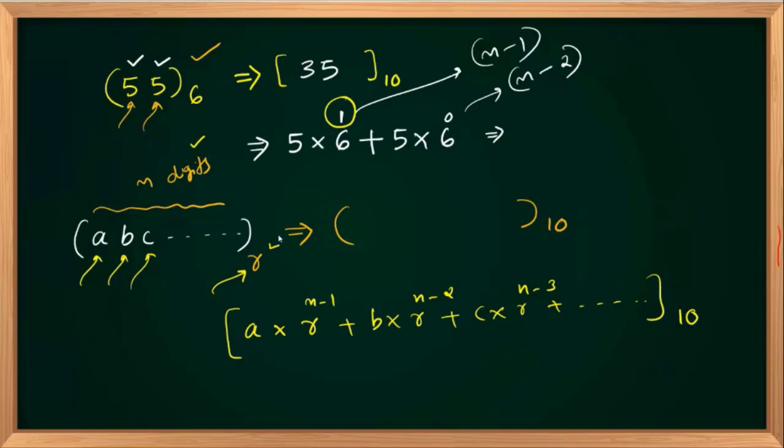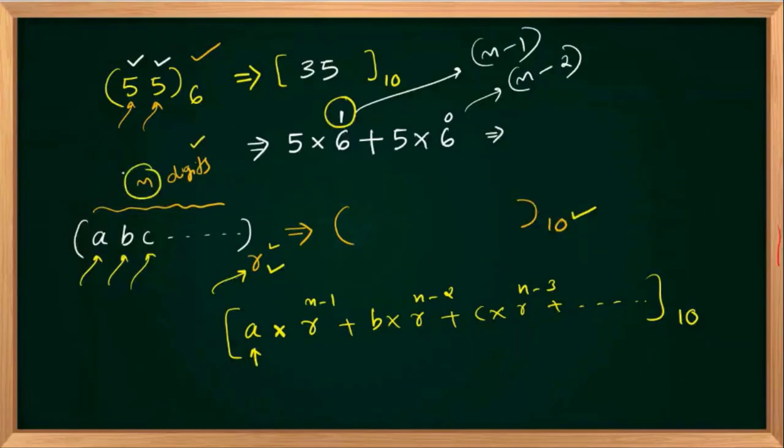So it doesn't matter. To convert into decimal equivalent, you take the first digit, multiply with that particular base, power total number of digits minus 1.